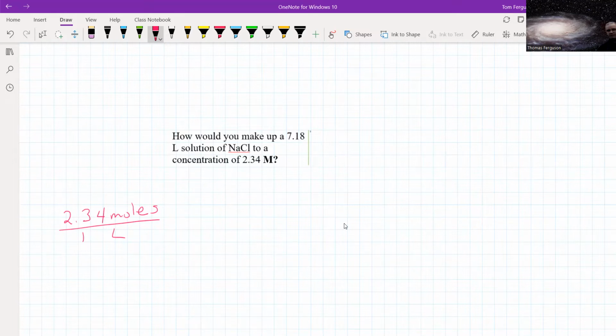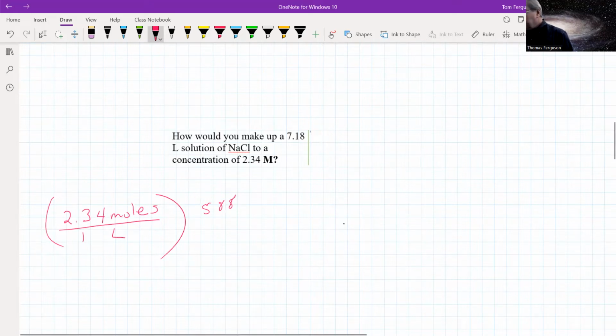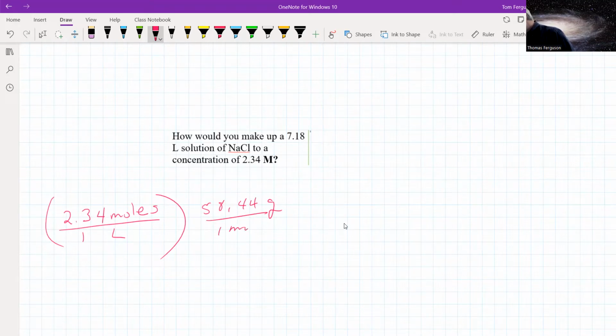So let's do it like the other problem. Let's get our grams first, and then we're going to multiply, and this would be for 1 liter, but we want 7.18 liters.